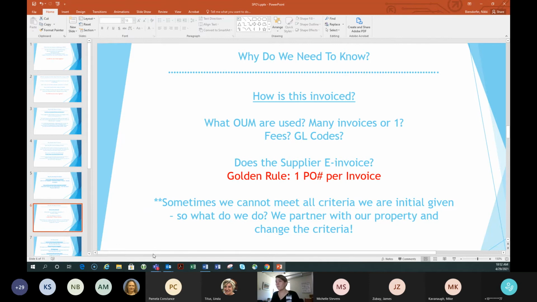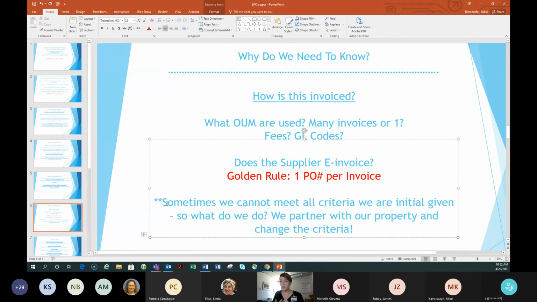That's kind of a lot of the big information, what we need to know, why we need to know it. I will say that sometimes when you guys are doing this research, when you're asking these questions, when you're finding out the specifics of all of these pieces so we can create that SPO that manages this for us, sometimes we can't meet all of the existing criteria. It happens, okay?